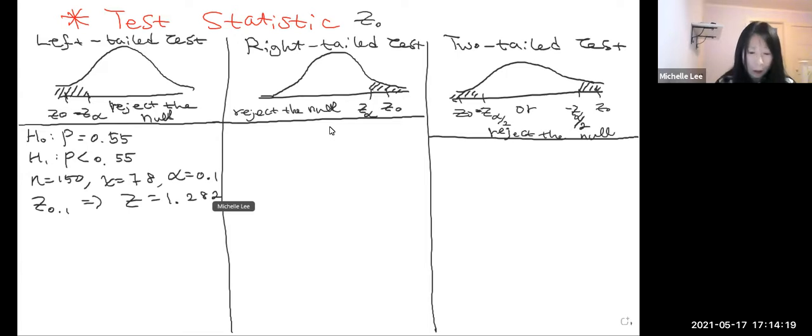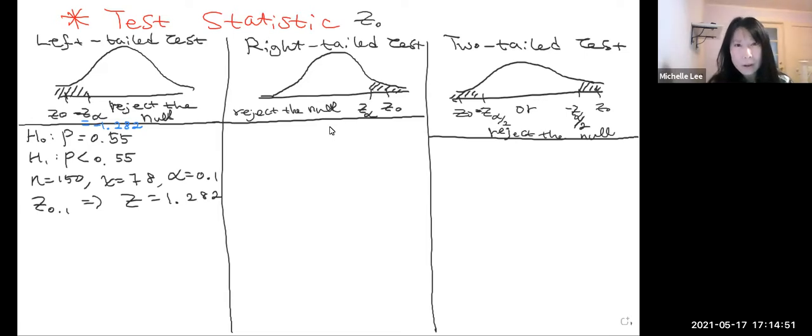Now we put the negative because it's a left tail test, so this number will be negative 1.282. Now, let us find out what the test statistic, Z naught, is.